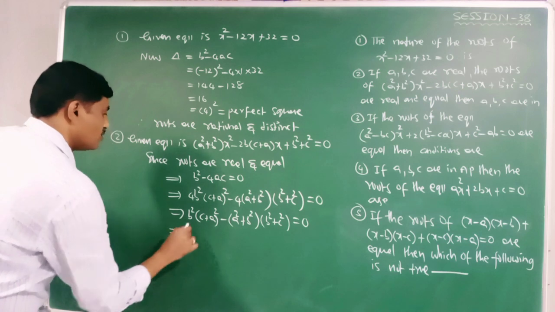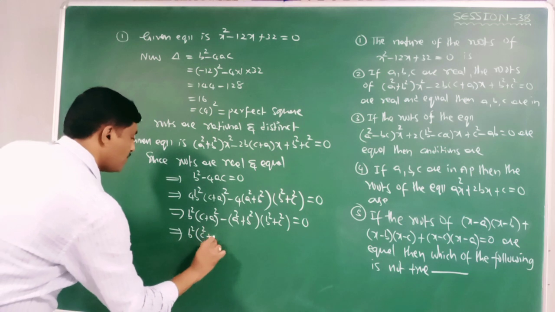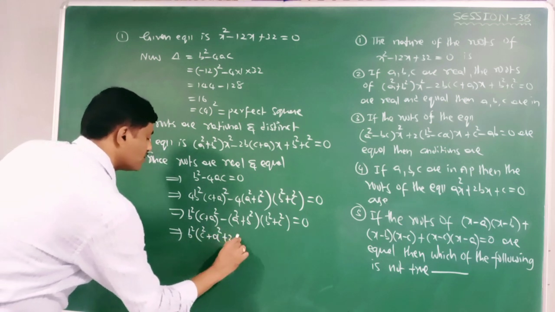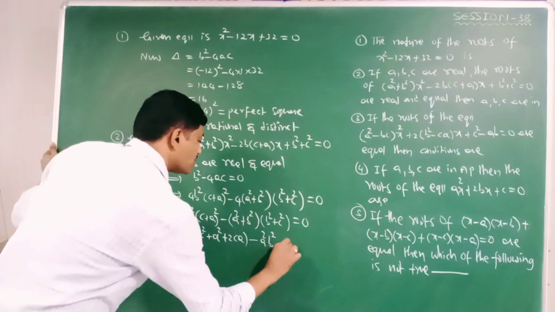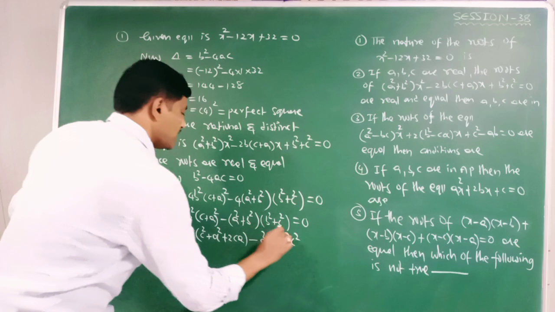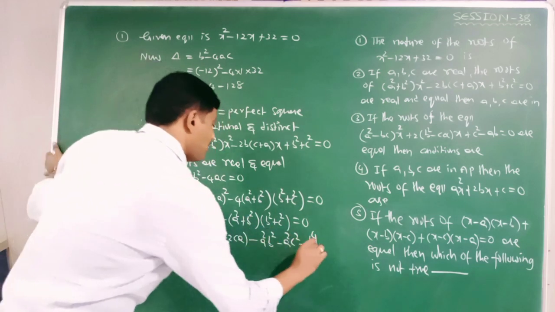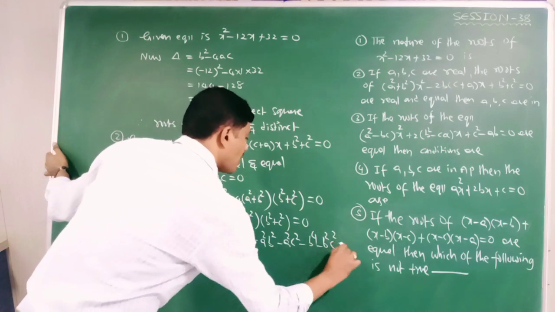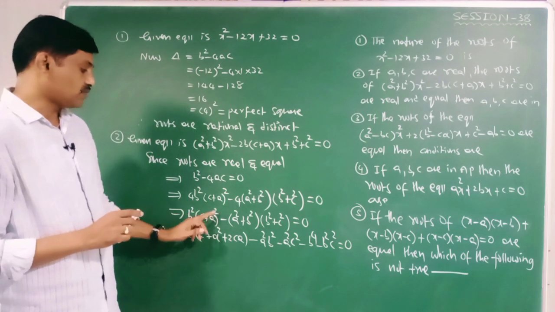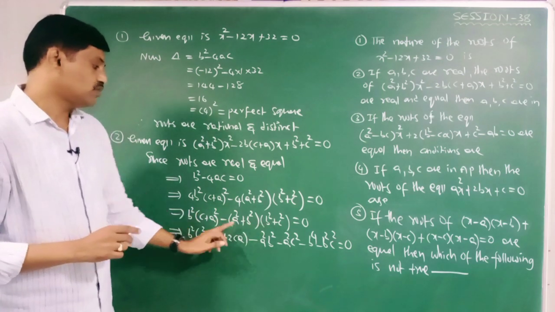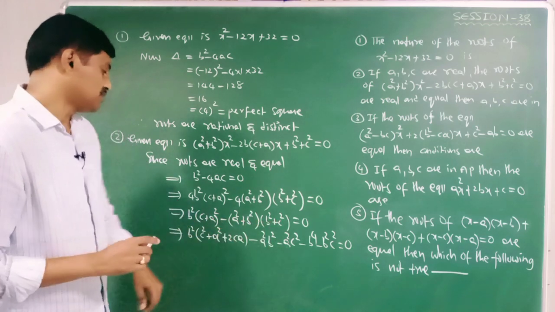Now we multiply: b square (c square plus a square plus 2ca) minus a square b square minus a square c square, minus into minus, minus b power 4 minus b square c square is equal to 0. Once you multiply, this is b square c square plus b square a square plus 2ac b square minus a square b square minus a square c square minus b power 4 minus b square c square is equal to 0.